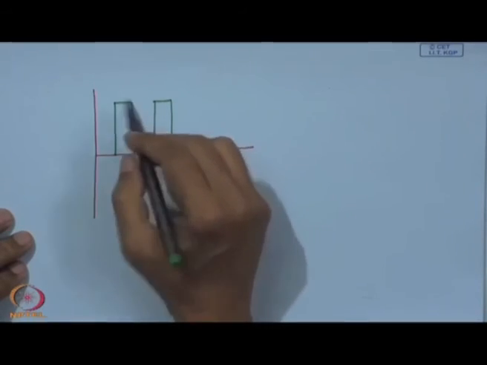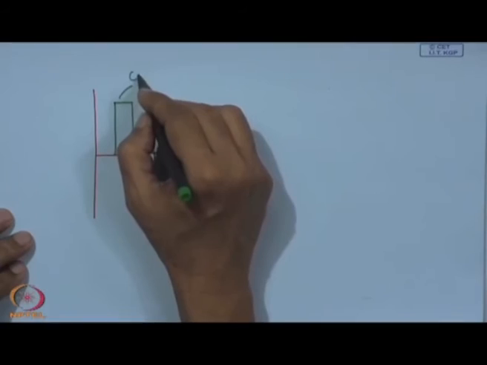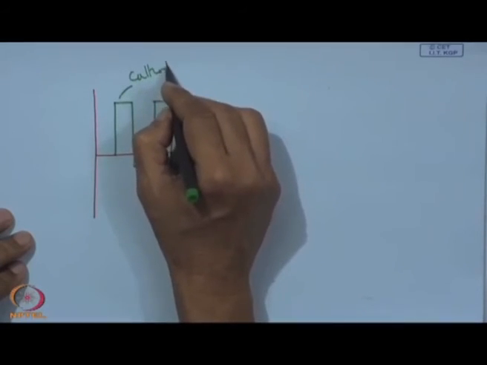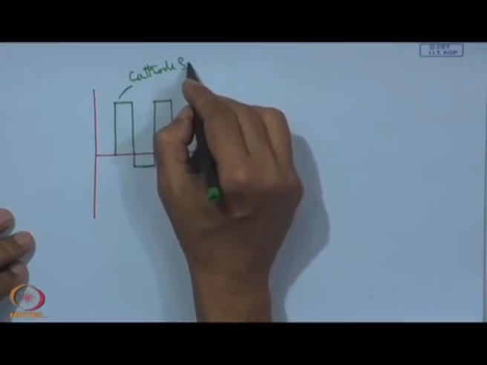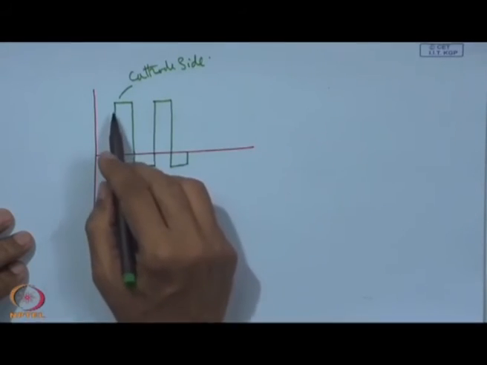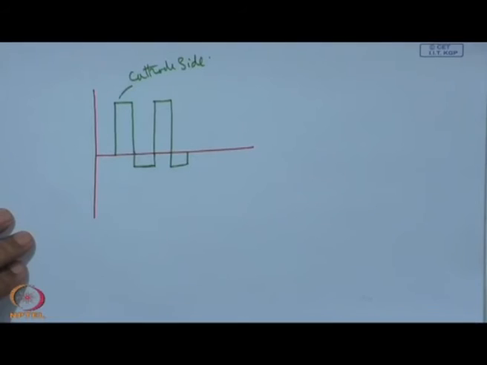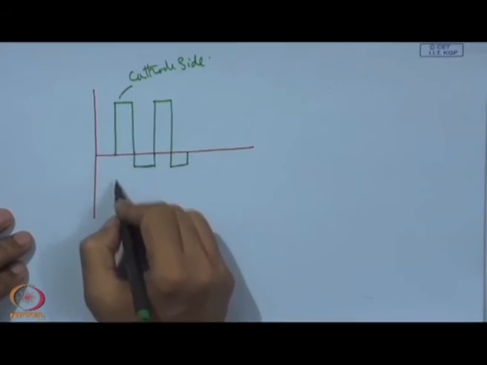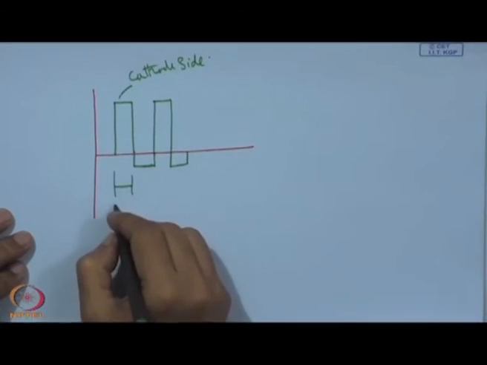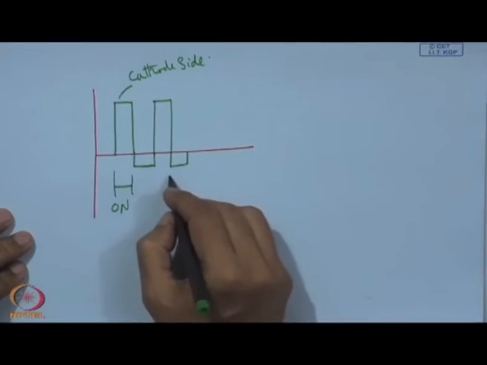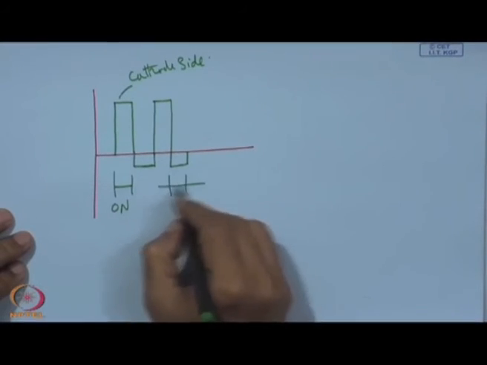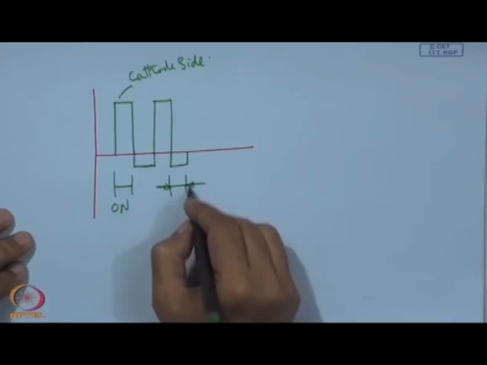What do we mean by negative? It is actually on the cathode side. So, let us say it is on the cathode side. So, cathode is this, we consider negative. So, cathode is negatively polarized for this period of time on, that we call on, and then it is positively polarized, that we call off period.